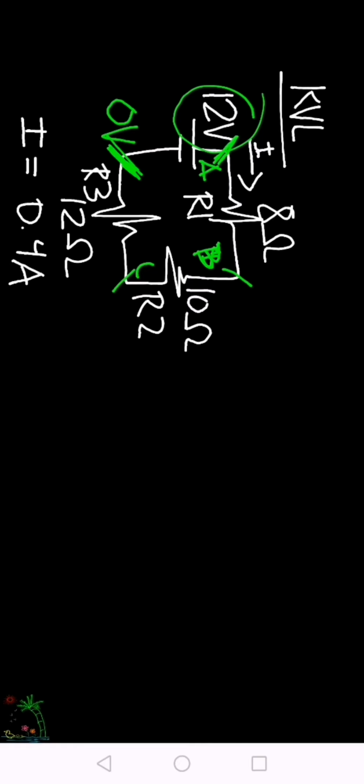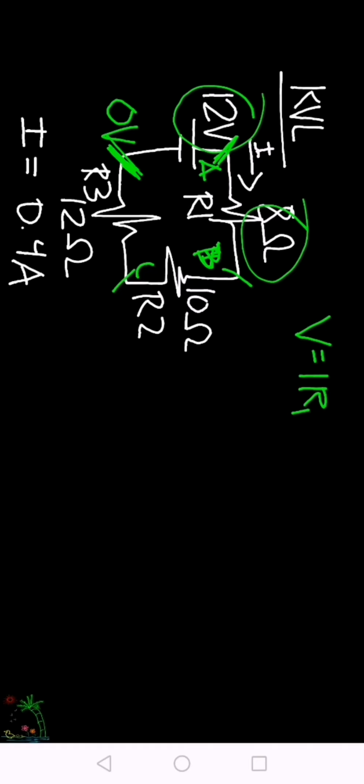Okay. So now, what is the potential of point B? So we need to calculate the voltage drop across R1. So we can use V is equal to I R1. So since I is 0.4 amps and R1 is 8 ohms, that is 3.2.